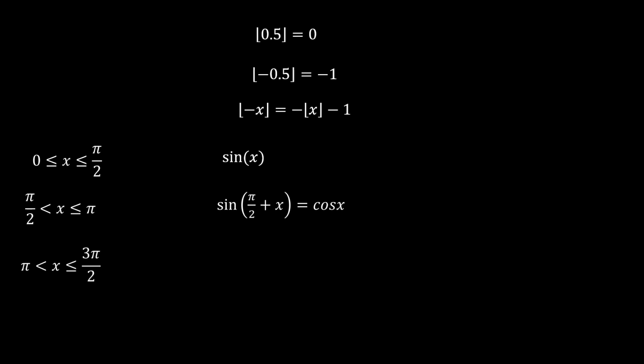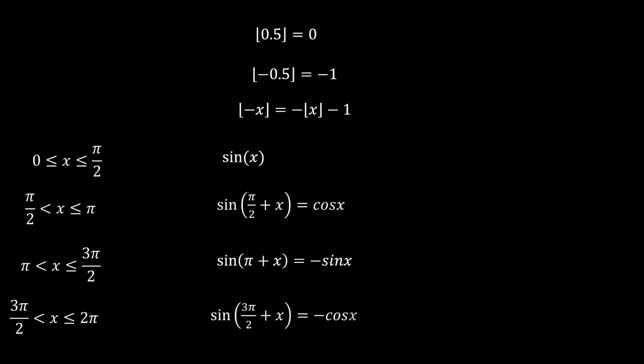And then from pi to 3 pi over 2, again, I do the same thing. It's sine of pi plus x, which is the same as minus sine x. So in that regime, the function really plays like the negative of sine x in the first interval. And then finally, from 3 pi over 2 to 2 pi, if you look at that function critically, it's the same as the negative of cosine x.